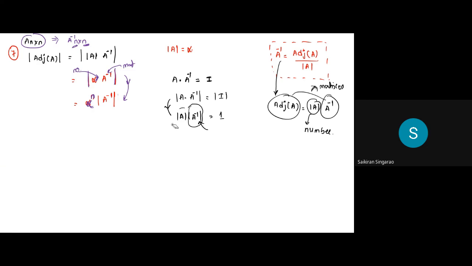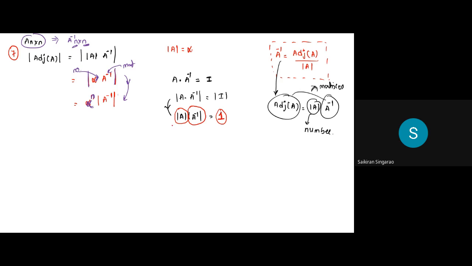Hey, others also answer. I don't want to target only one fellow. This is a number or a matrix? Number. Obviously, this is a number, sir, 1.